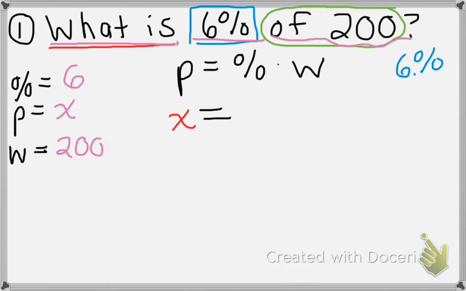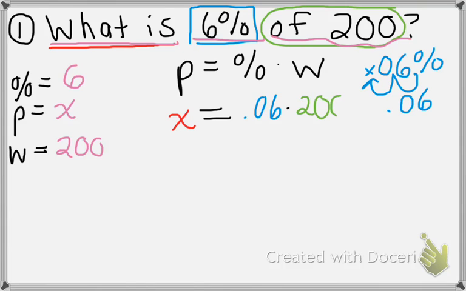If I have 6%, the invisible decimal is here. Think of money, $6. So now I have to move the decimal point 2 spaces to the left. Now, what goes in that little loop? 0. So we have 0.06. That number is what's going to go into the formula, multiplied by the whole, which in this case is 200. So we have X equals 0.06 times 200.